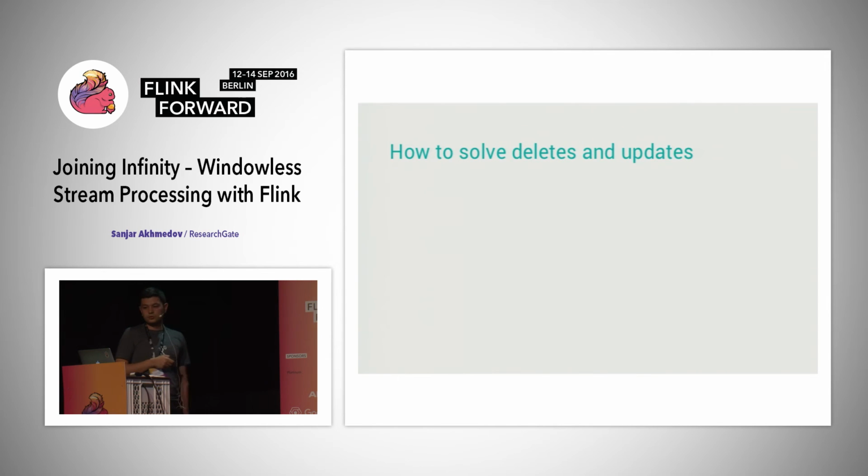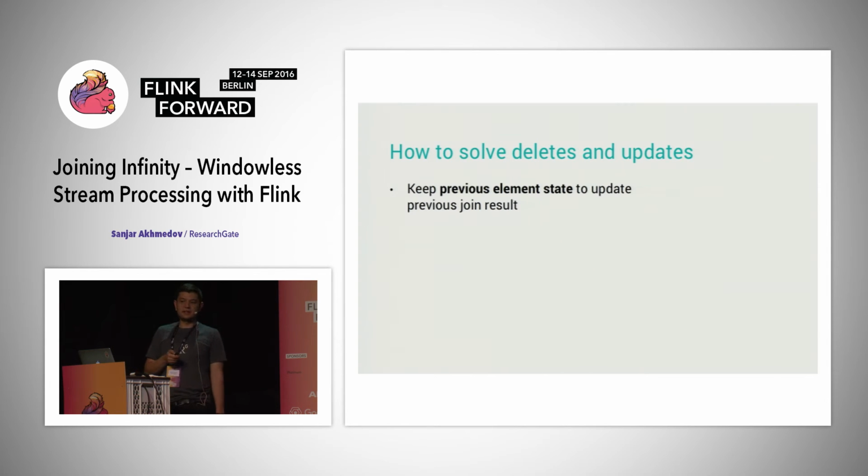So to wrap it up, to solve deletes and updates, we have to keep previous element state. When you read it, it's kind of obvious, but it might not be when you start to implement.